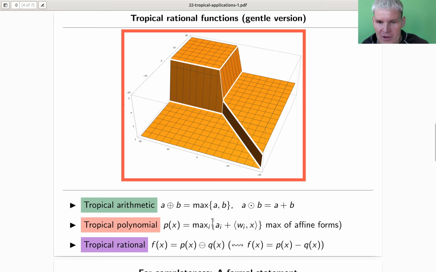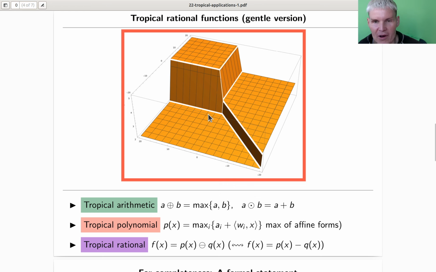A tropical polynomial is exactly that thing, max of an affine form essentially. Usually a rational function would be a polynomial divided by a polynomial. Now our multiplication operation is addition, so a tropical rational should just be a tropical polynomial minus another tropical polynomial, right? That's a tropical rational function.